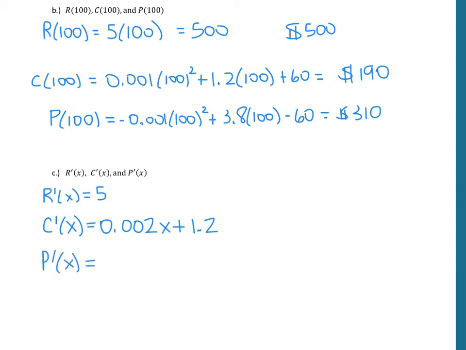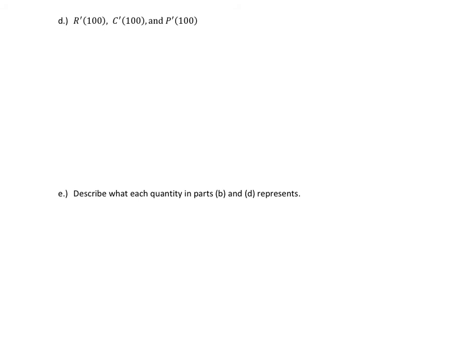So taking the derivative of the profit function, we have a negative 0.002x plus 3.8. So this gives us the marginal profit, which would allow us to approximate the profit from the x plus first item.